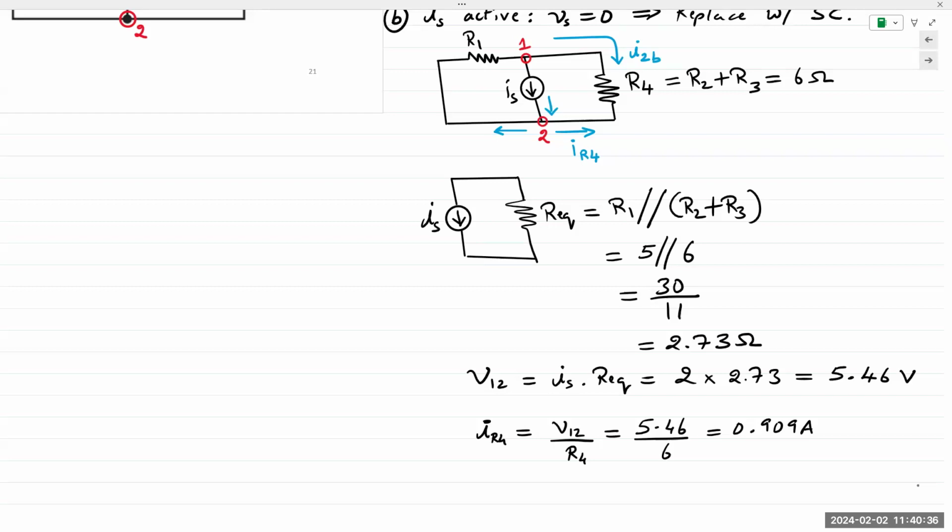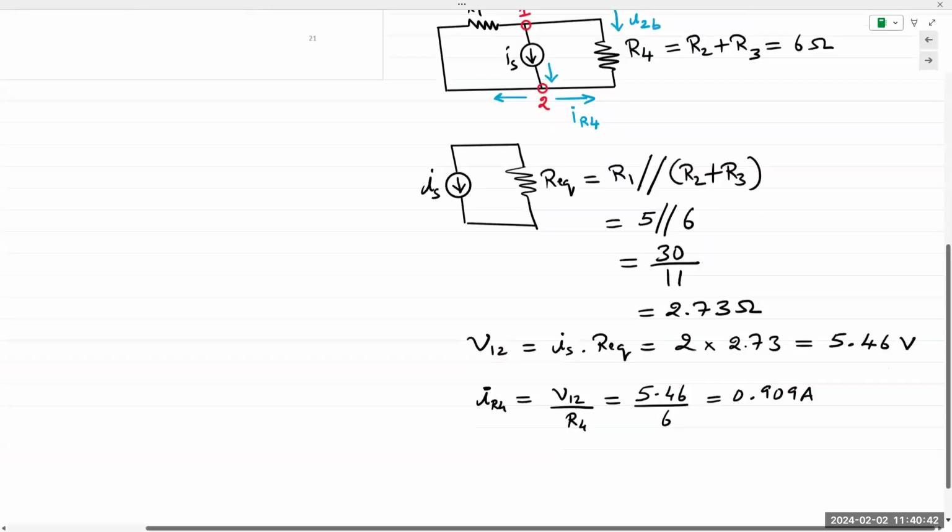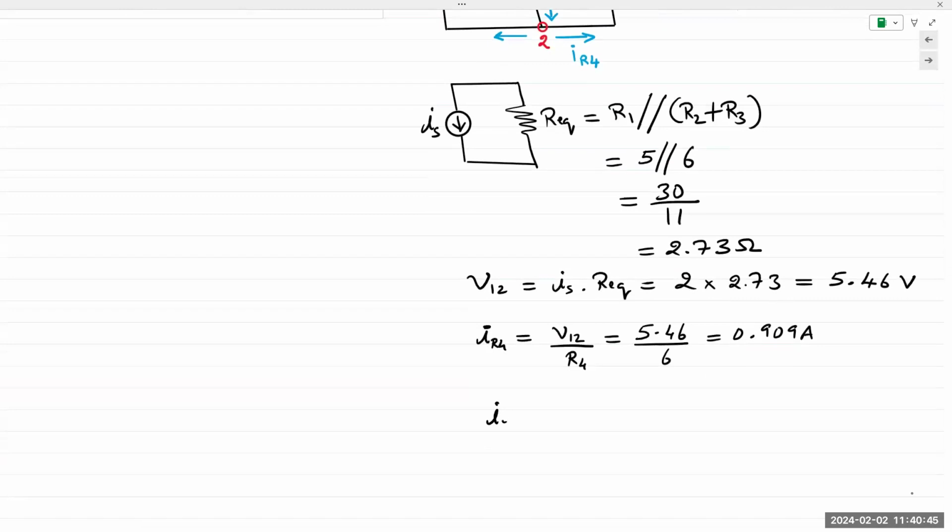So if they are in opposite directions, we simply note it with a minus sign. And so the actual value of I2B is minus IR4, which should be minus 0.909 amps.